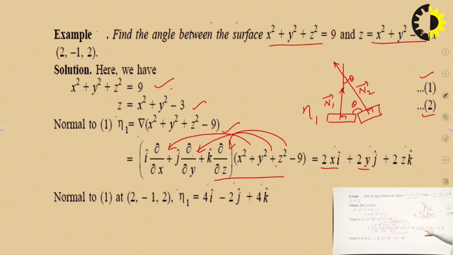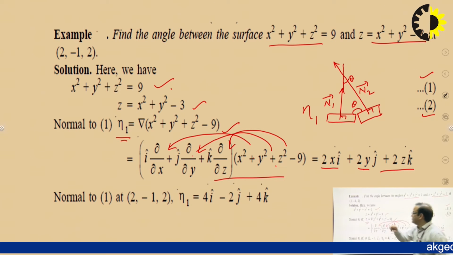So you will get this kind of normal vector, denoted here by small n1.